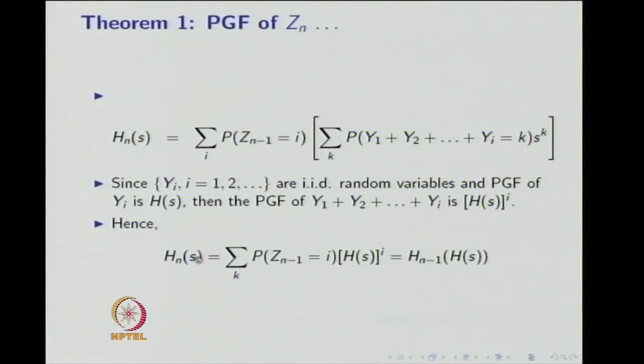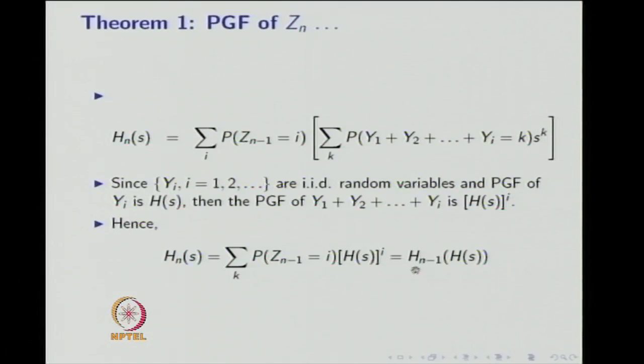Therefore, hn of s is nothing but summation over i of probability of zn minus 1 is equal to i times h of s whole power i. Replace this by h of s whole power i. Therefore, summation over i of probability of zn minus 1 is equal to i times h of s whole power i.